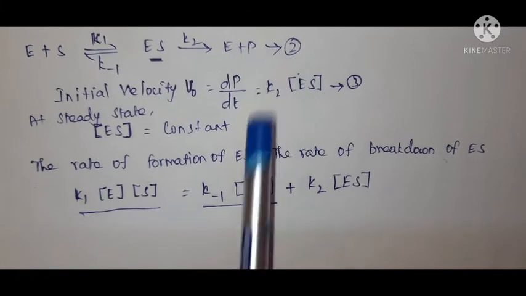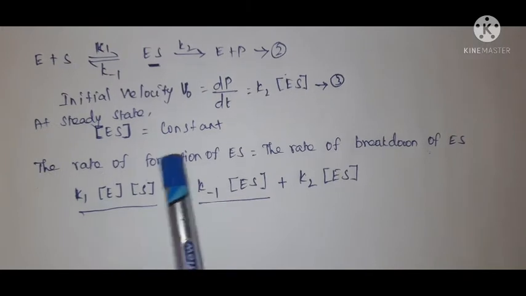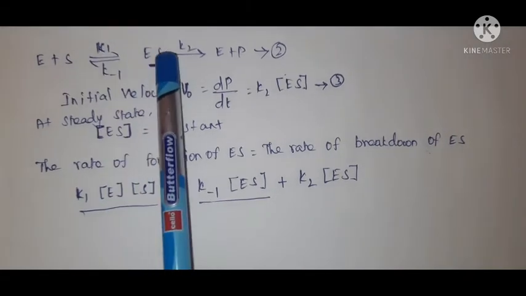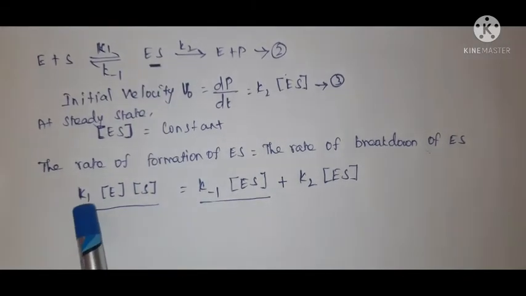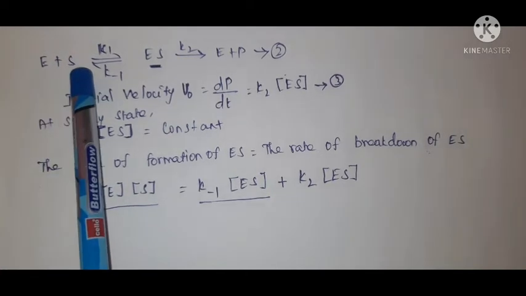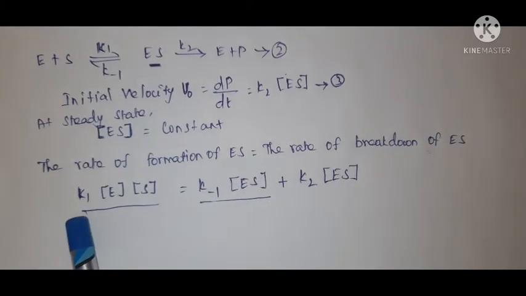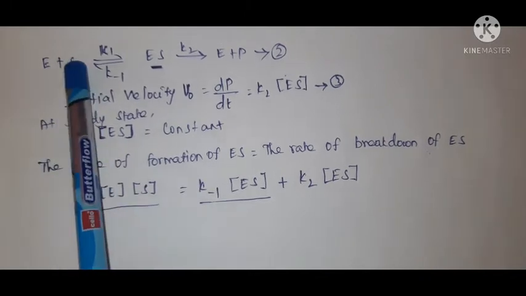Okay, so now you write the rate of formation of ES. Here the rate constant is K1 for the rate of formation of ES, and the concentrations of reactants are enzyme and substrate. So the rate of formation of ES is equal to rate constant K1 and concentration of enzyme and concentration of substrate.